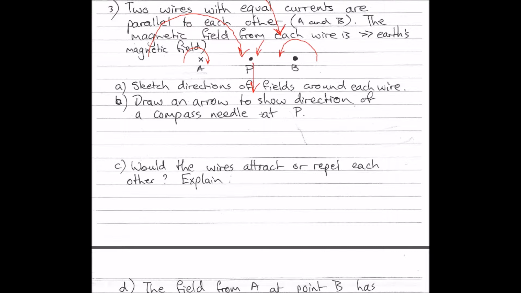Our current is coming out of the page at B, which is where your thumb is going to go. Your field lines are going down, so your fingers need to be pointing down. The palm of your right hand will be pointing to the right, so that is where your force is going to be going, and so they're going to be repelling. And you really need to refer to the rule in order to answer that properly.